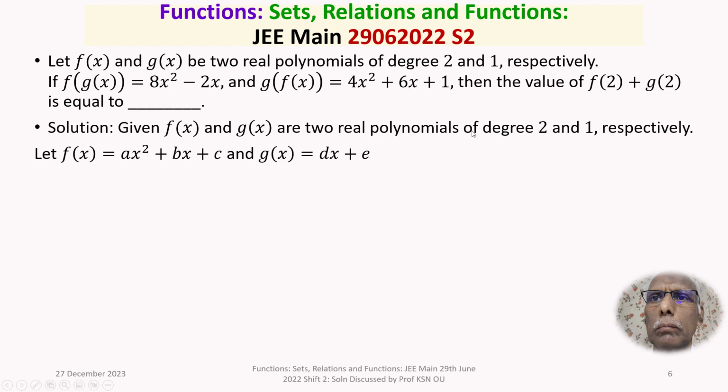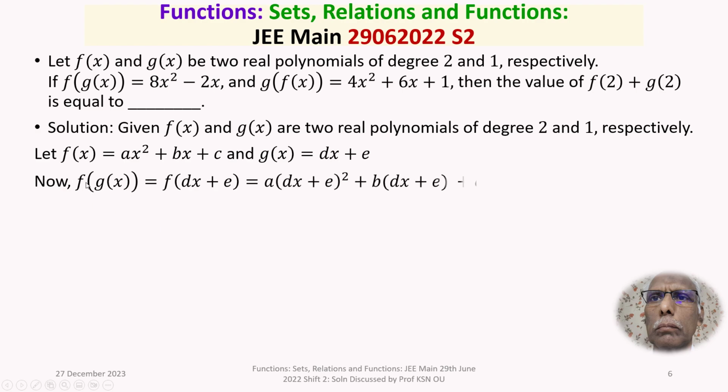Because f of x is a polynomial of degree 2, we put f of x is equal to ax square plus bx plus c. And g of x is given to be a polynomial of degree 1. We take it as g of x is equal to dx plus e, where a, b, c, d and e are real numbers.